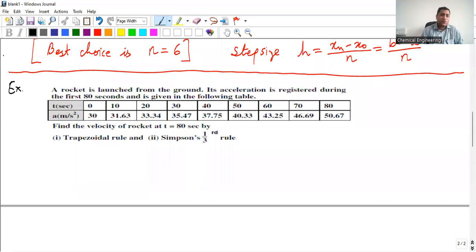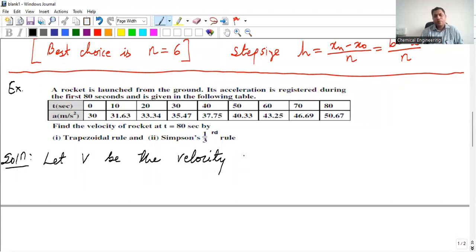This we should know. So let us go with the solution. Let V be the velocity of the rocket and A be the acceleration.